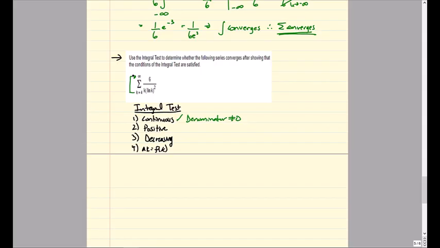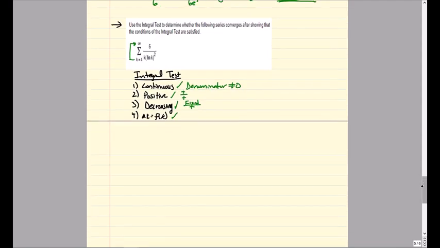I'm starting at 4. So positive, yes. I have a positive over a positive. This is true because I'm working from 4 to infinity, so all my values are going to be positive in the denominator. And is it decreasing? Yes, because my numerator is fixed and my denominator is increasing without bound. So I should be able to integrate this now.